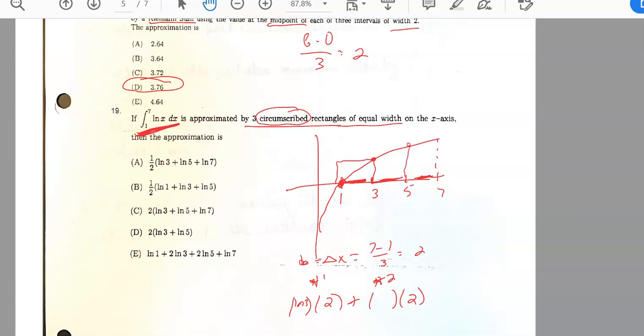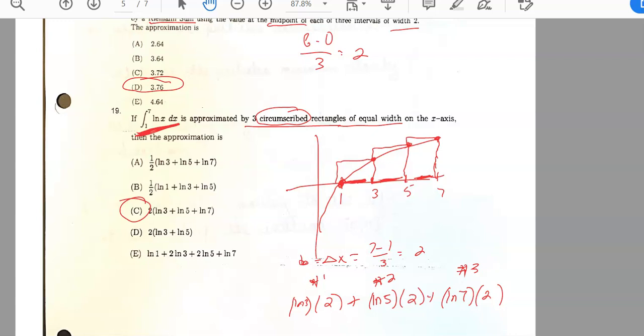We'd go up from the right endpoint, move over to 3, so the functional value would be the natural log of 5, whatever that is. And then our third one, we go up from 7, come over. So the functional value is the natural log of 7, and our base is 2. If you look at the answers, they've just pulled the 2 out to give you C.